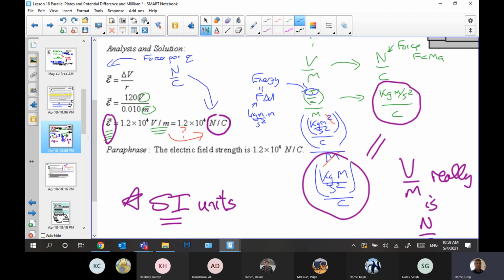That's what you can use going forward. But that was a really good activity to show you the power of understanding what the base units are for everything. It helps you understand how these new concepts all mesh together.